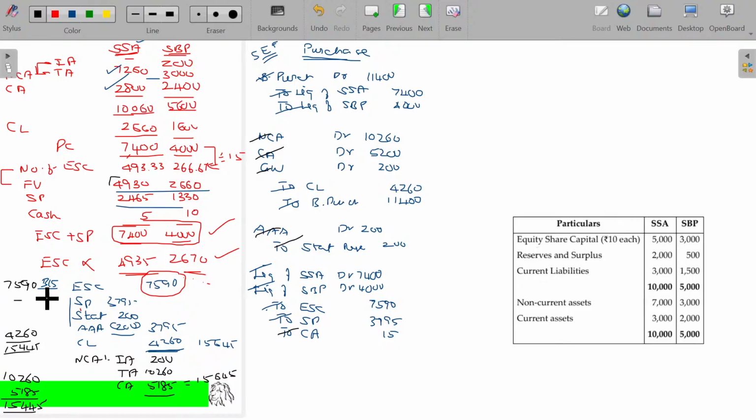Get me the balance here. That will be named as capital reserve. Rather than securities premium, it will be capital reserve, I think. Come on, tell me. I think 3,730. 3,595. Okay. Let's check.